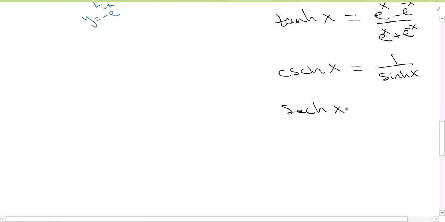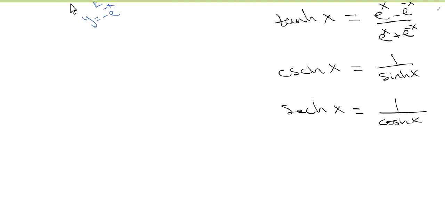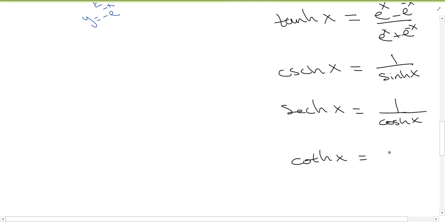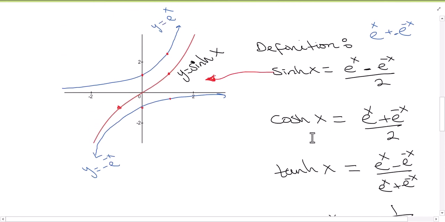So hyperbolic secant is 1 over cosh, and hyperbolic cotangent, we already wrote tangent, hyperbolic cotangent is 1 over hyperbolic tangent of x. So these are your 6 hyperbolic trigonometric functions.